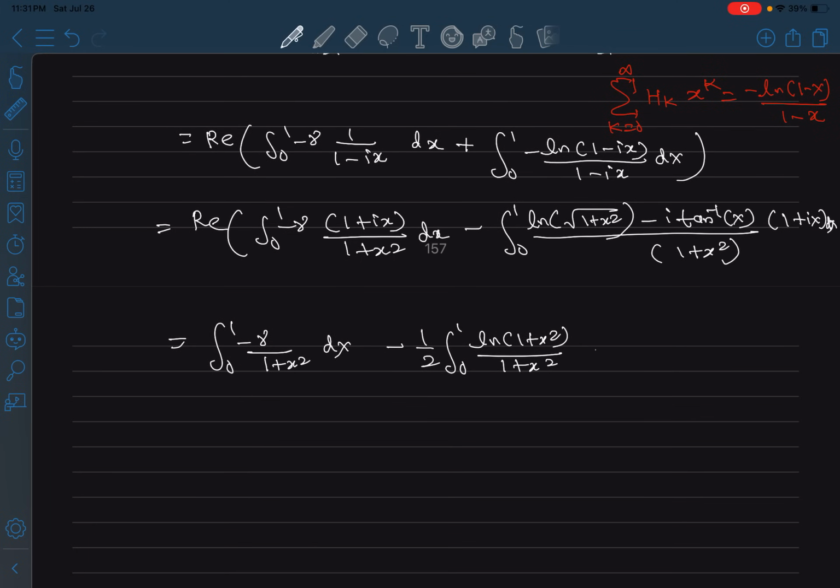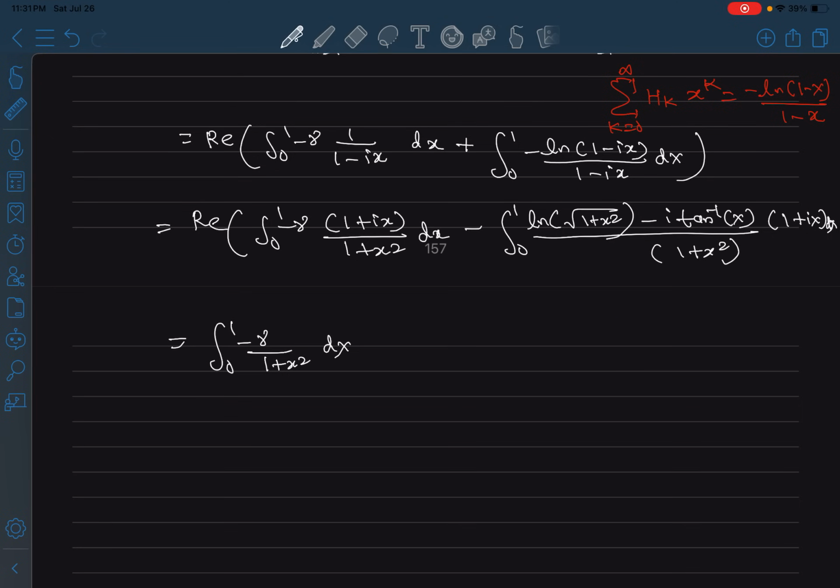Okay, and then after that, there's this plus i integral from 0 to 1. Oh, wait. I have to take all the real things first, right?